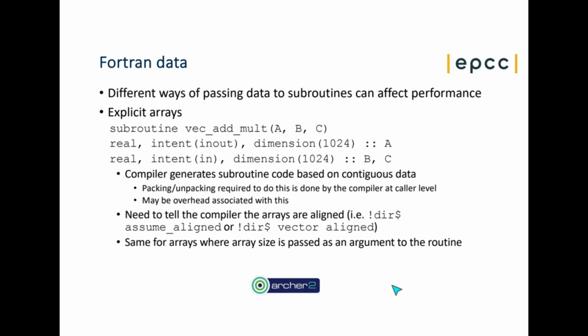In Fortran, the way you pass data can affect things, because the compiler is basically generating the code based on contiguous data. And again, you might need to tell the compiler that the arrays are aligned.